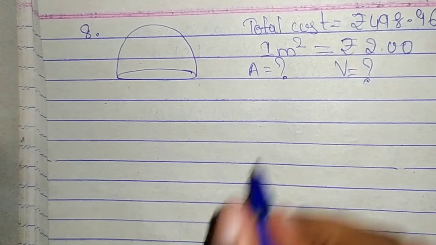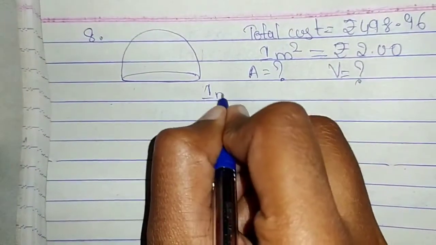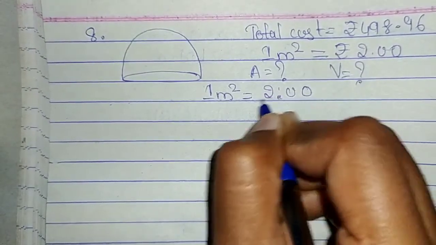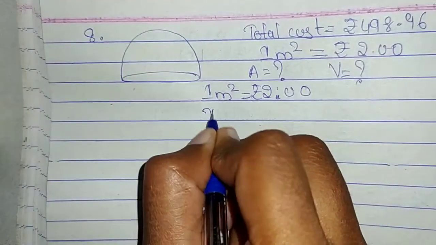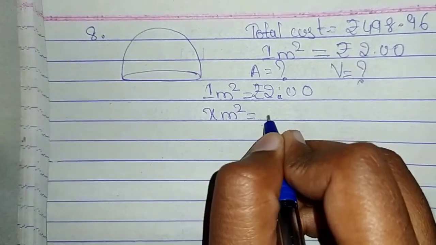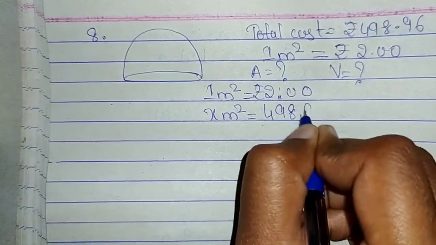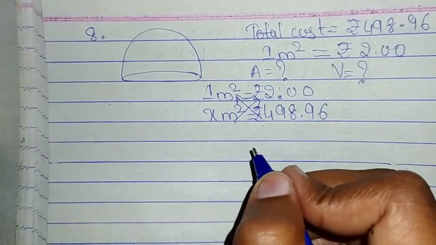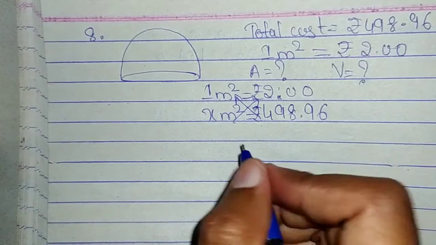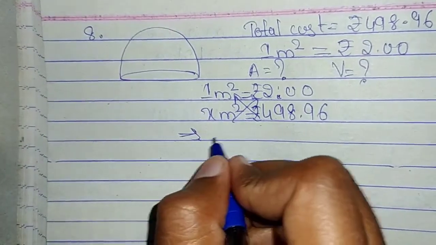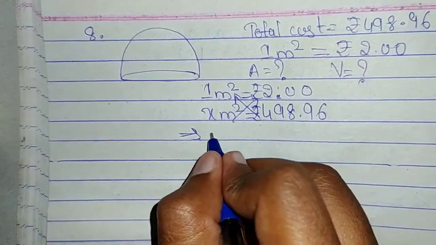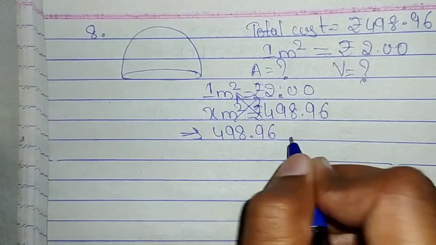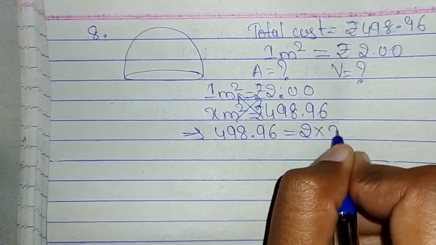So since for 1 meter square the cost is 2 rupees, then for x meter square it is 498.96 rupees. Cross multiply them, and we will find the area of the hemispherical dome. So on cross multiplying, we get 498.96 into 1, the same thing, is 2 into x.